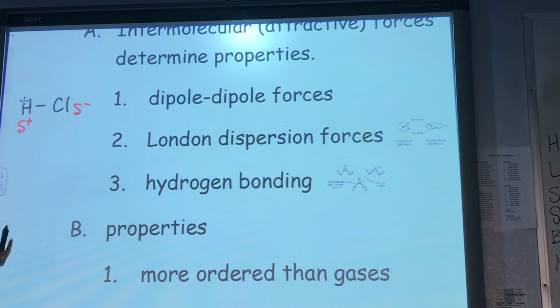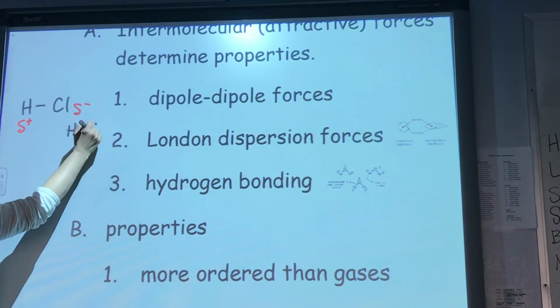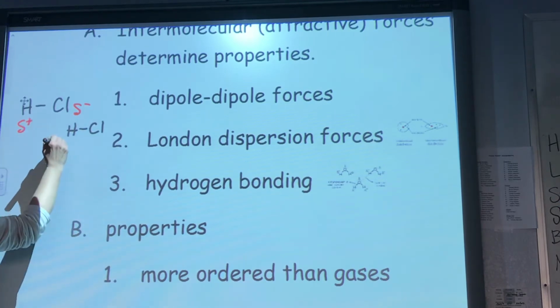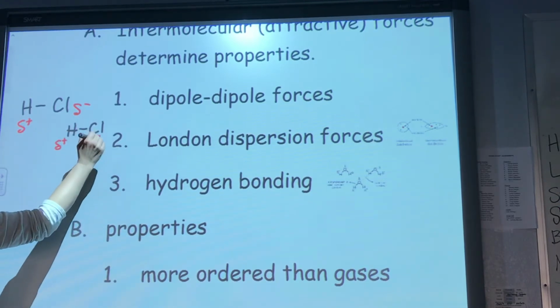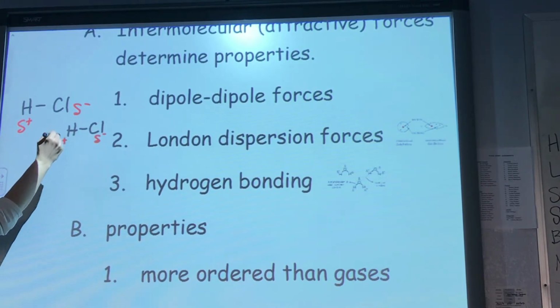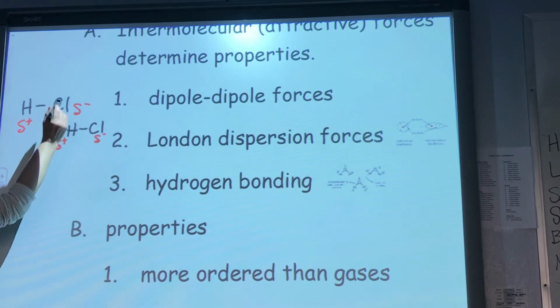So what happens is you have another hydrogen chloride molecule come up here, and because it's also polar, just like this one, this side here that's slightly positive is attracted to that slightly negative side of this hydrogen chloride.